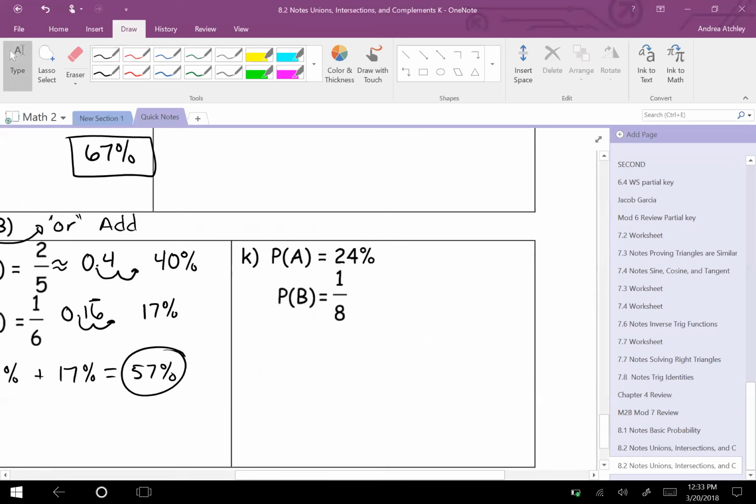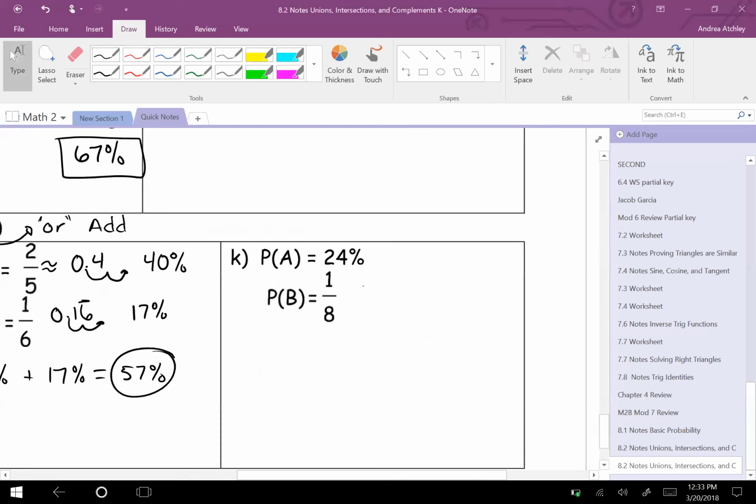Okay, K is the same type of deal, but I give one percent and one fraction. So I'm going to convert my fraction into a percent. It's 0.125. I'm going to move my decimal over twice.